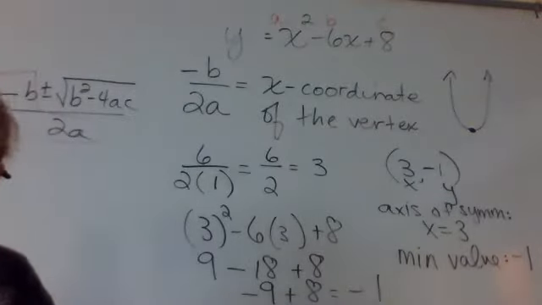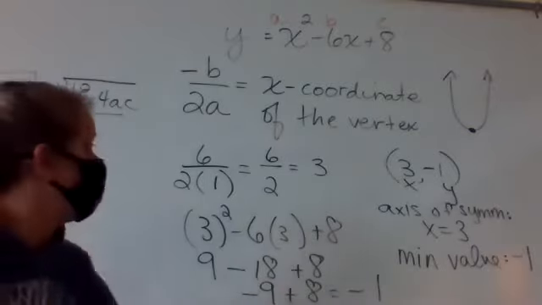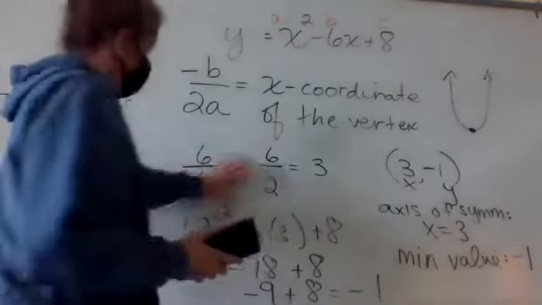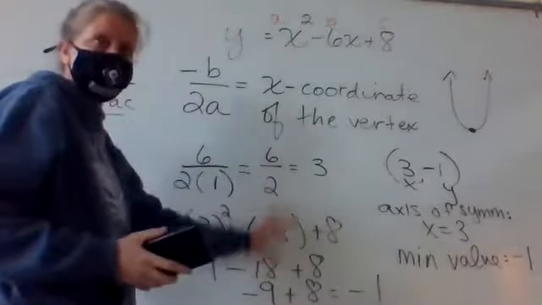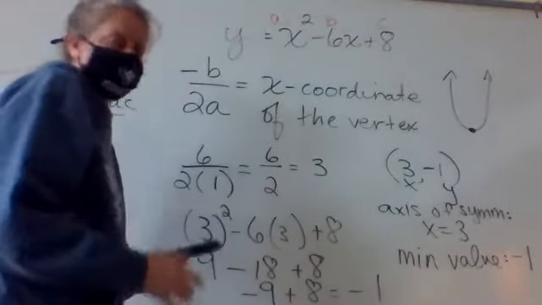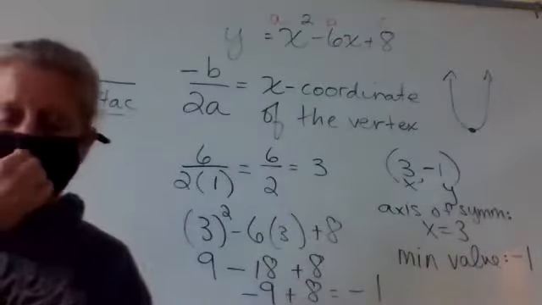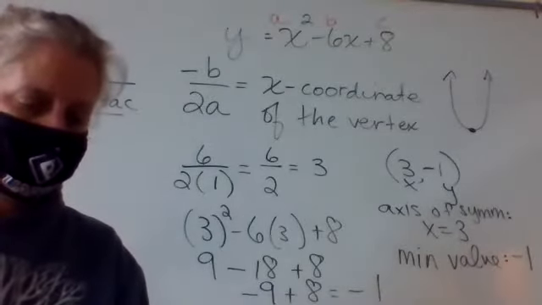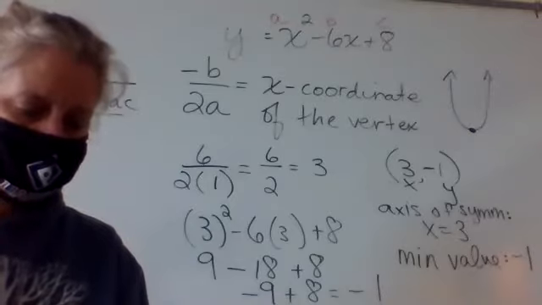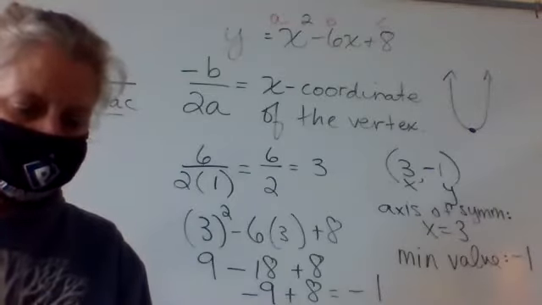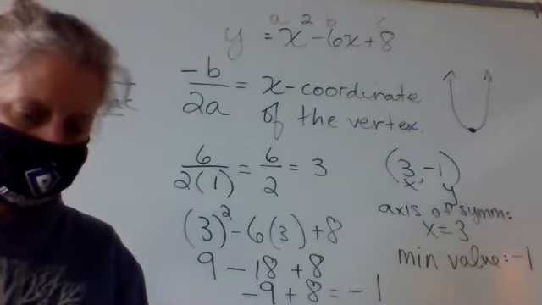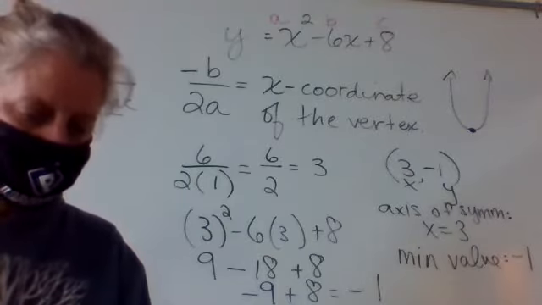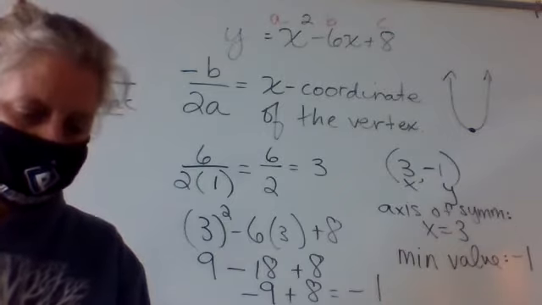Okay, so if you didn't want to do all of this part right here, let's find out how to do that in the calculator. So go to your y equals. And clear it out.